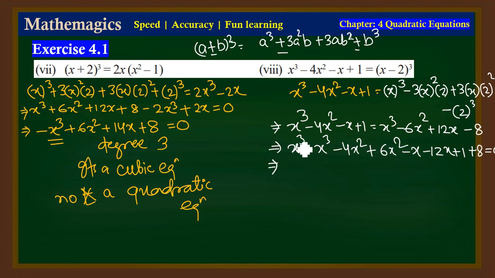So x cube and x cube get cancelled. Now 6x square minus 4x square becomes 2x square. Here minus 12x and minus x become minus 13x, plus 8 plus 1 becomes 9, that is equal to 0. So dear friends, here the degree of the equation is equal to 2, because in 2x square the maximum power is 2.